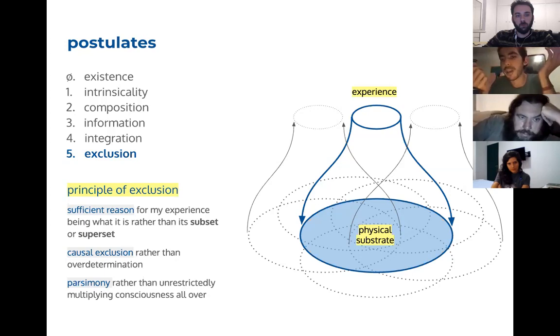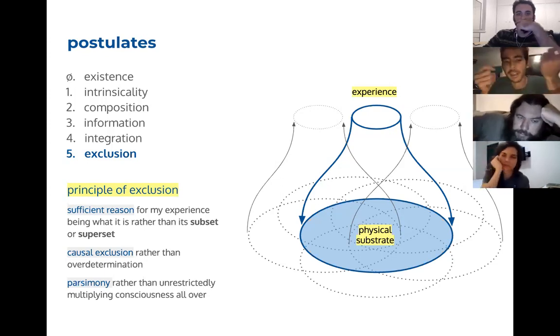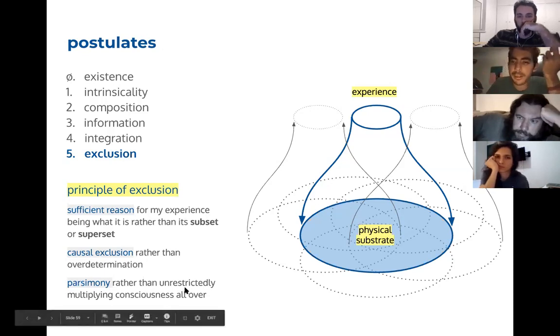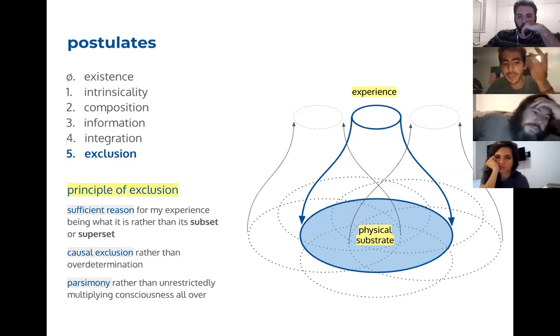So all subsets of your experience should have a reduced physical substrate, and you could also augment it with more stuff, and maybe have slower experiences that integrate information on different scales. Then suddenly you would be multiplying experiences, and there's some parsimony principle, right?